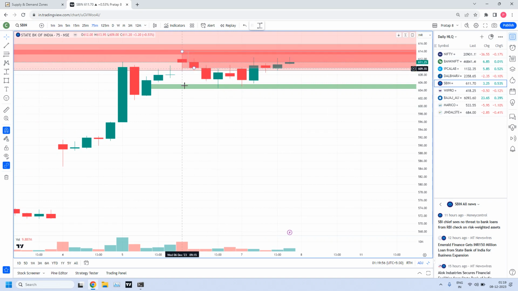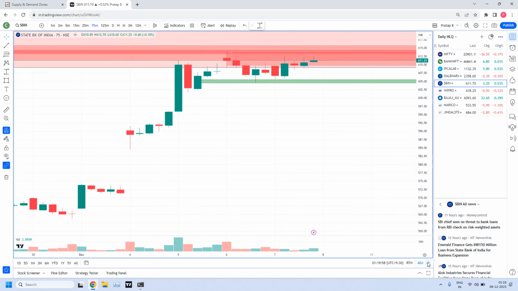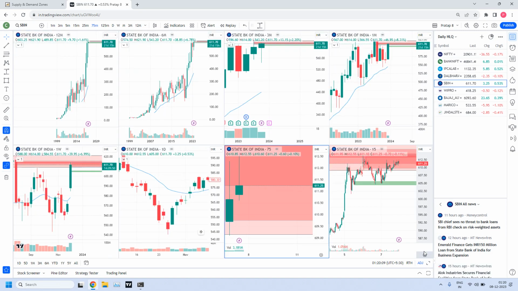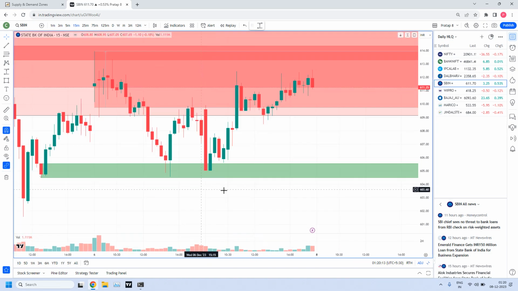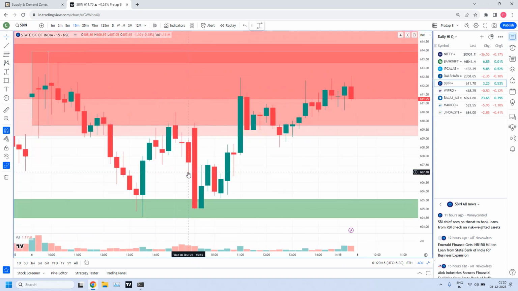Because the risk is high, what you have to do? Follow the same procedure: inside 75 minutes, find 15 minutes, inside 15 minutes, find 5 minutes. That is the standard procedure. So from 75 minutes, I am going to the 15 minutes time frame.